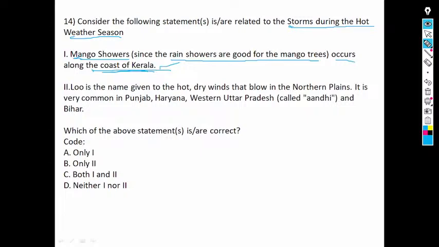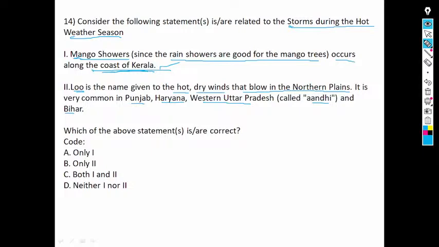Lu is the name given to the hot dry winds that blow in the northern plains. It is very common in Punjab, Haryana, Western UP, and Bihar. Which of the above statements are correct?